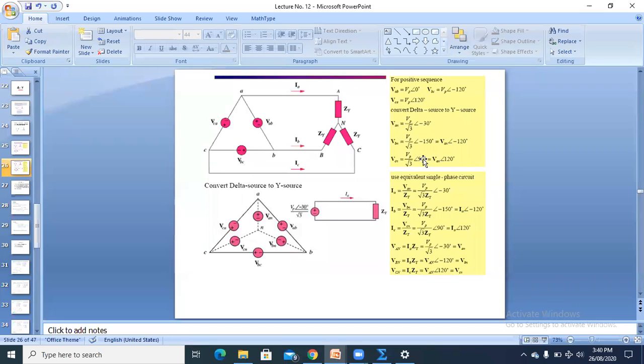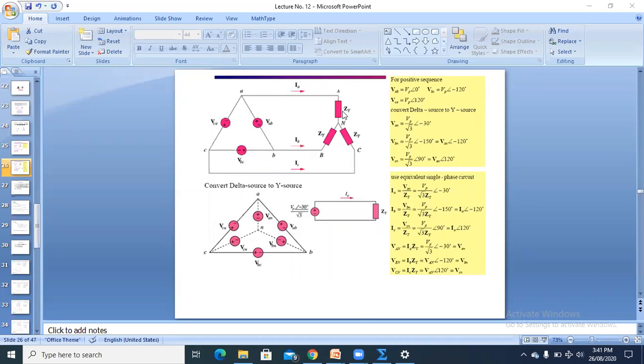Now we calculate the value of the line current, which is in fact equal to the phase current. The value of this line current is obtained by taking VAN, VBN, and VCN and dividing them by the load impedance, which is the same in the Y system.